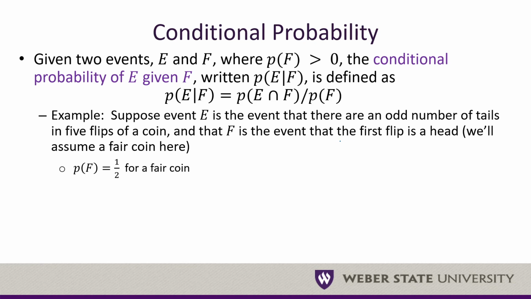Odd number, let's see. With 5 flips, you'll have to bear with me, there are 32 possible outcomes here. Even if we ignore the first flip, if the first flip is a tail, then we've got tails, tails, tails, tails, tails, tails, tails, tails, heads, tails, tails, tails, heads, tails.